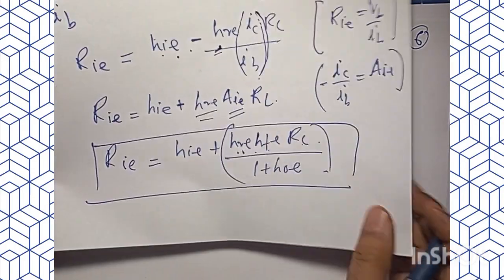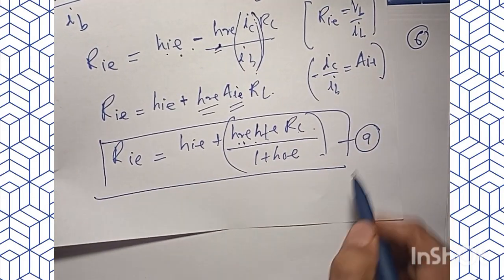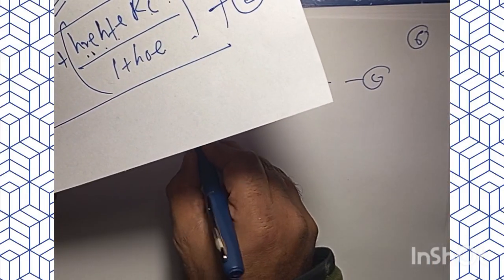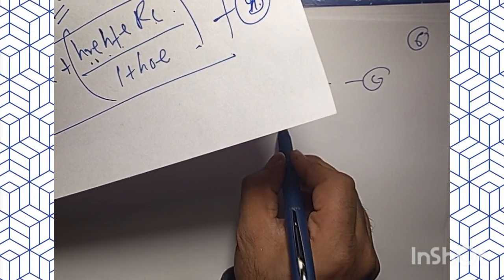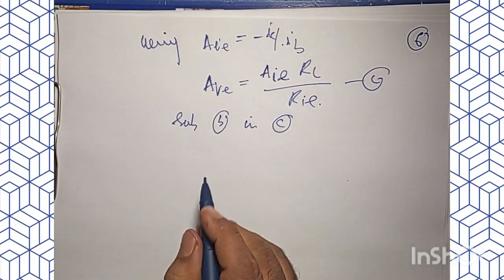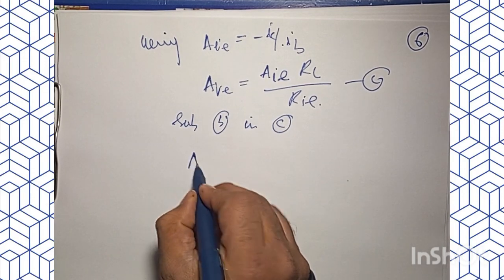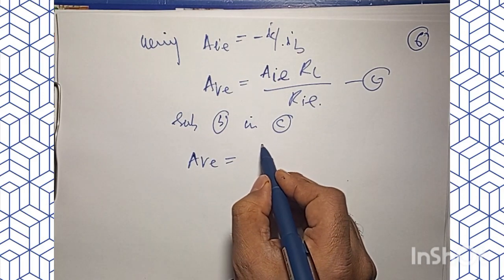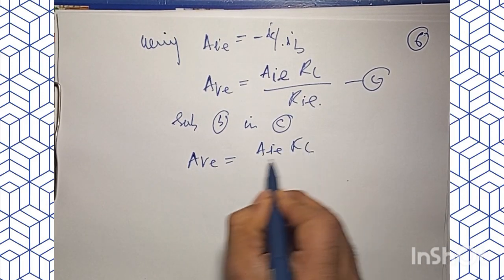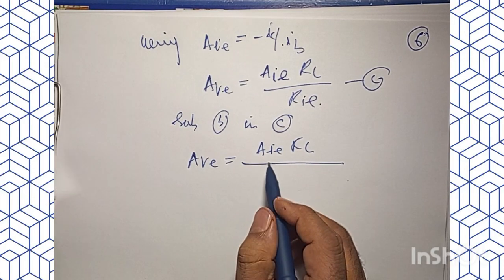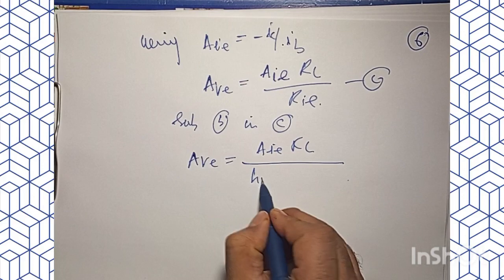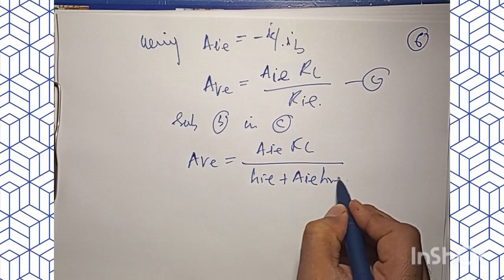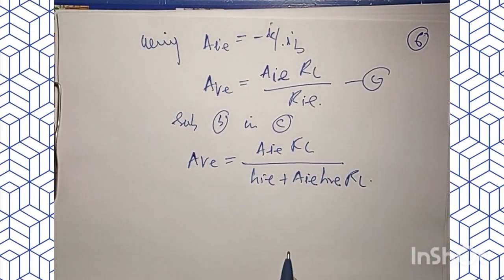So here is that equation. I have not named it. Say this is A, suppose this is B and this is C. So substituting B in C, what I am going to get here is AVE equals AIE RL divided by HIE plus AIE HRE RL.